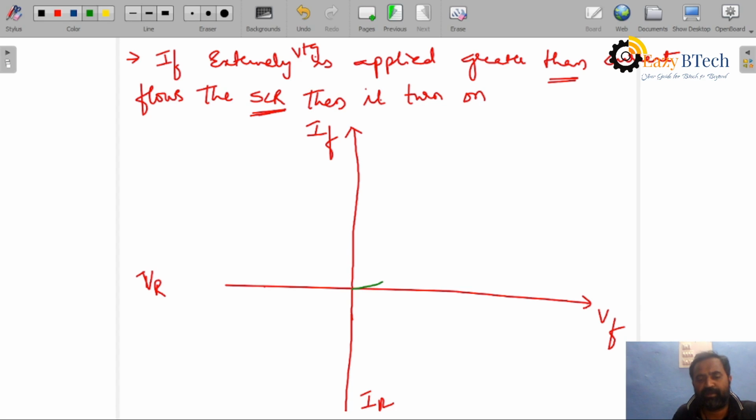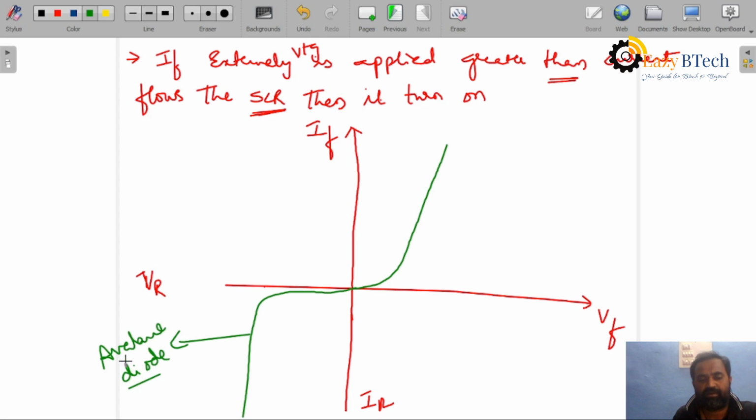It is a normal PN junction diode, or an avalanche diode, or an ordinary diode.